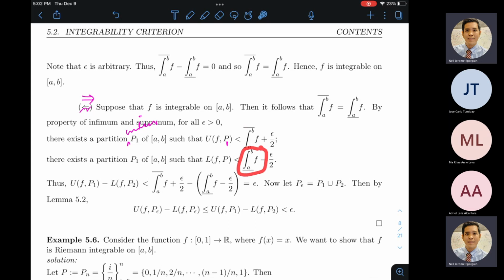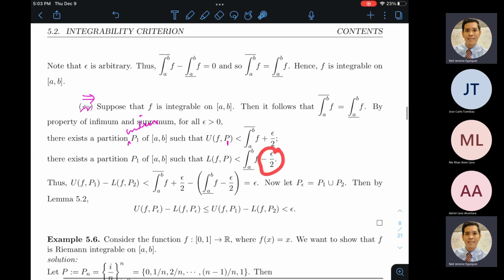Ito ay yung lower Riemann sum. So ito yung supremum ng mga lower Riemann sums, right? Siya yung smallest, siya yung least upper bound ng lahat ng mga lower Riemann sums.